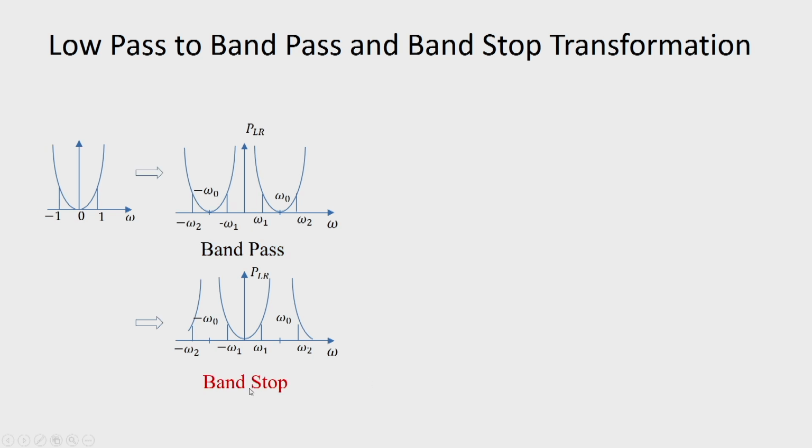When we go for a band stop transformation, so for a low pass to band stop transformation, we substitute omega by delta omega by omega naught minus omega naught by omega, raised to the power minus 1.